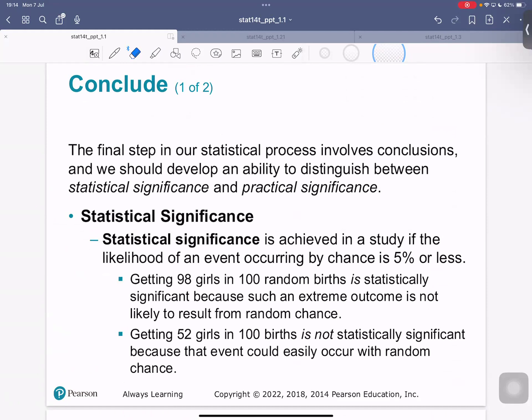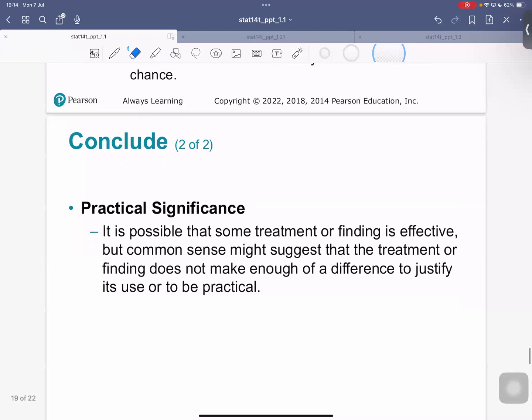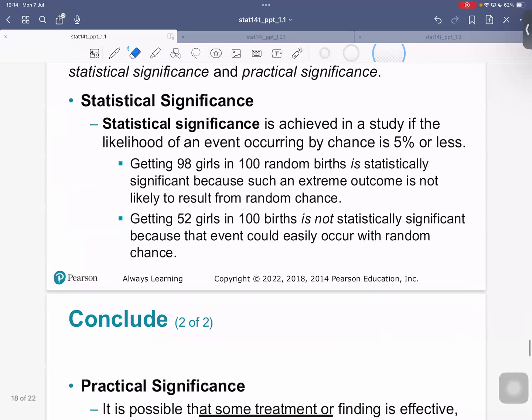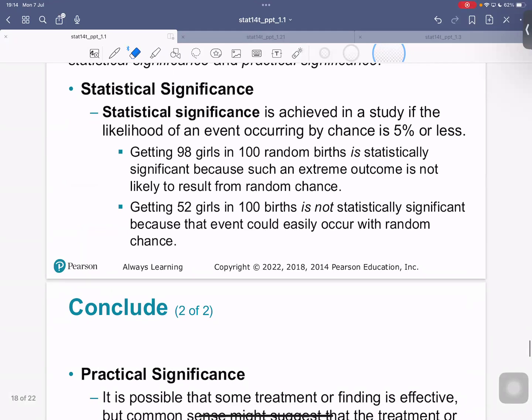For the conclusion, as we discussed, we can use statistical significance or practical significance here, right? Let's see the definition of these two terminologies, and we will consider an example. The first thing, statistical significance. It is achieved in a study if the likelihood of an event occurring by chance is 5% or less.